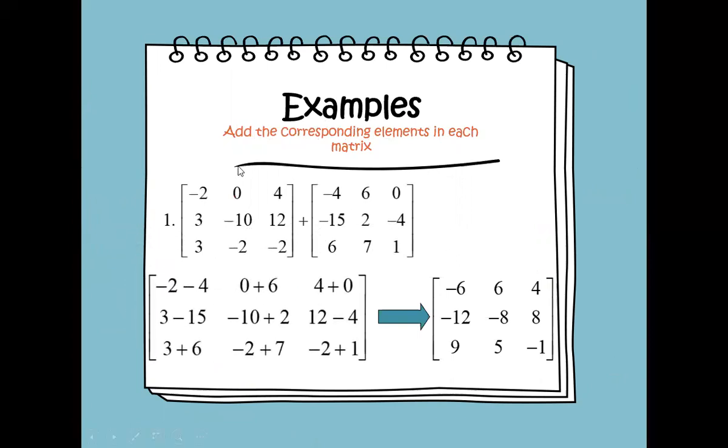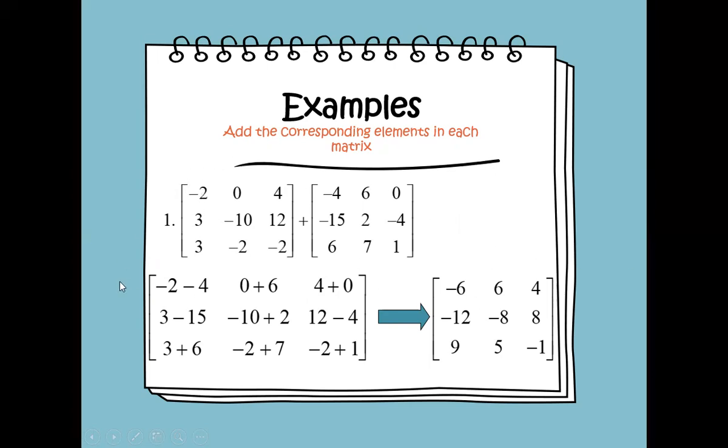So here we need to, first of all, see the dimension of the 2 matrices. If the 2 matrices have the same dimension, then we can solve this. But if the first matrix's dimension is different from the second matrix's dimension, then we cannot add them.